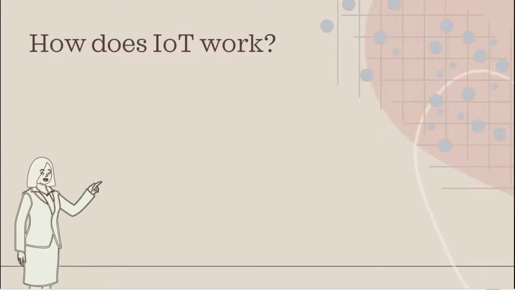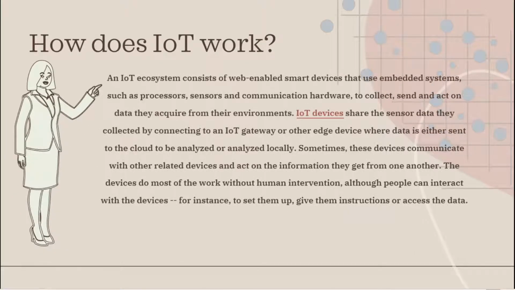So, in IoT words, an IoT ecosystem consists of web-enabled smart devices that use embedded systems such as processors, sensors, and computing hardware to collect, send, and act on data they acquire from their environments. IoT devices share the sensor data they collected by connecting to an IoT gateway or other edge device, where data is either sent to the cloud to be analyzed or analyzed locally.